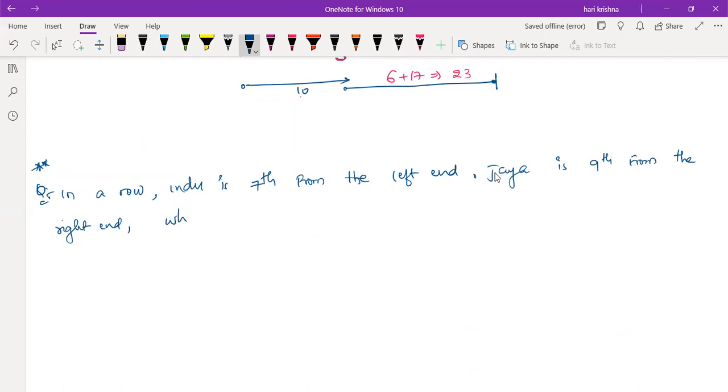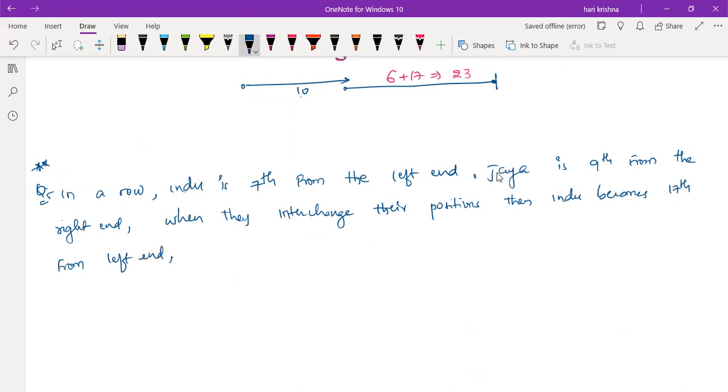When they interchange their positions, then Indu becomes 17th from the left hand. Then how many persons are there in the row?